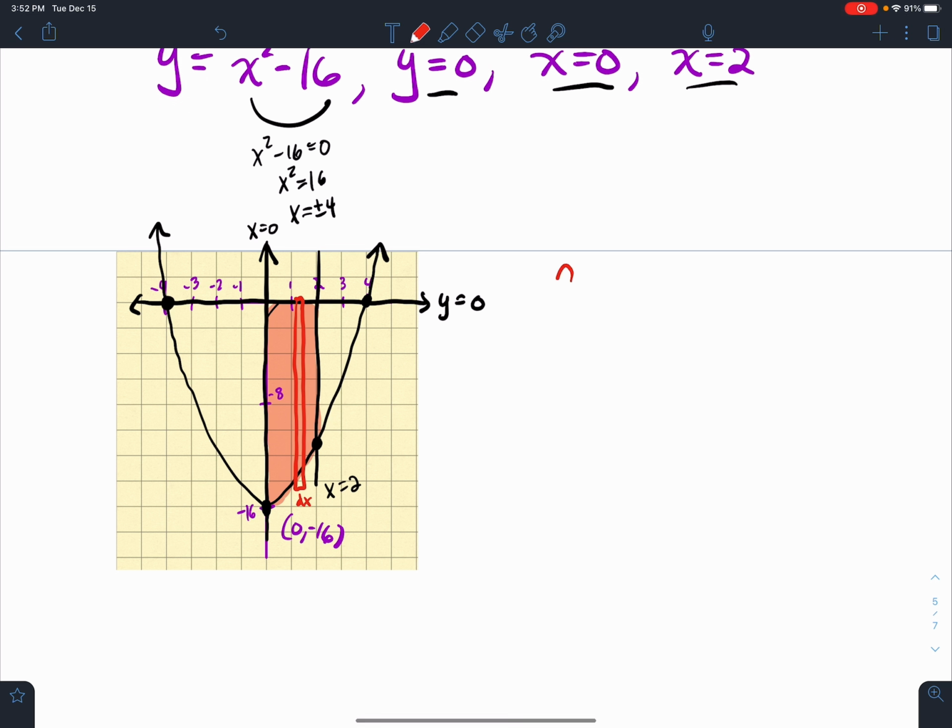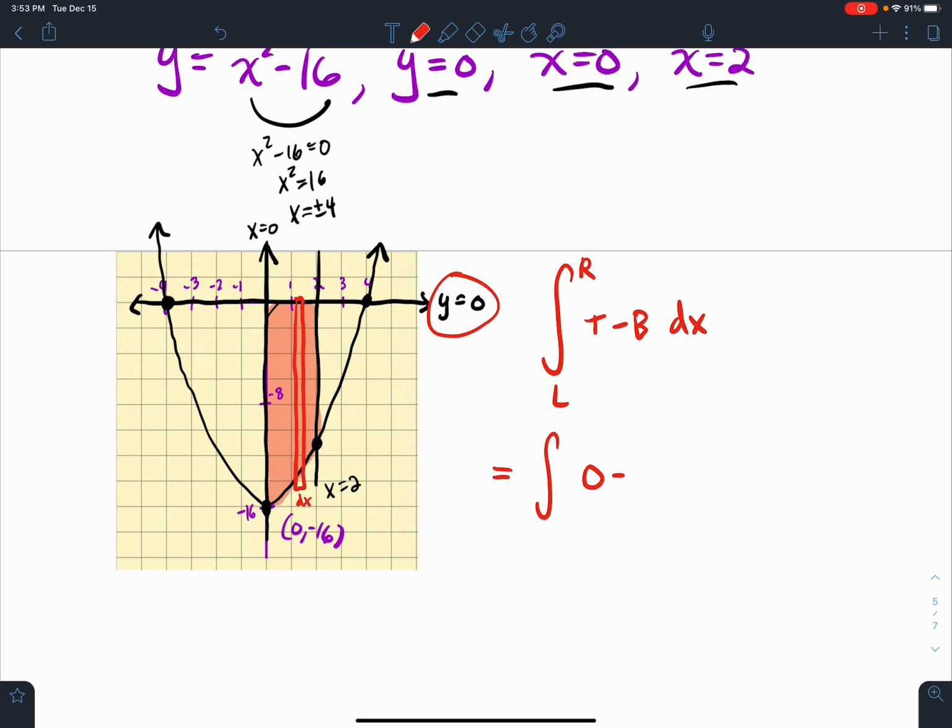And so I integrate from left to right, top minus bottom, dx. So what is the top here? The top is the line y equals 0. So that's 0. And then minus the bottom. What's the bottom there?